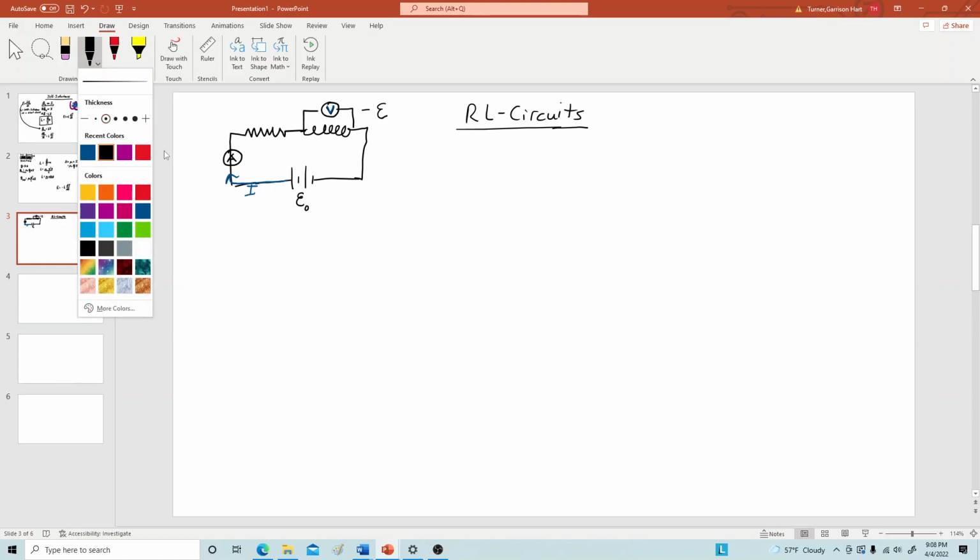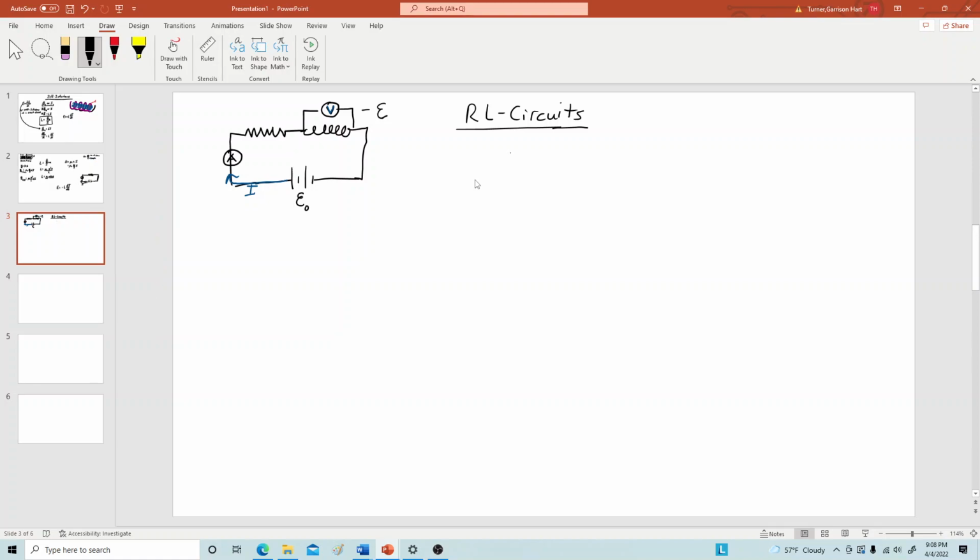So what does the RL circuit theory predict? Well, at all times, once again, the total voltage from my two components, and remember the voltage across the resistor is going to be IR, and the potential across the inductor we've just proven is going to be equal to negative L di dt, and these are both going to be drops.